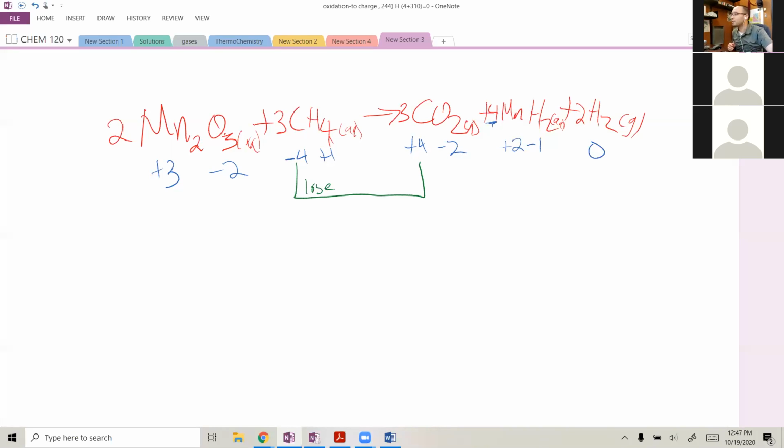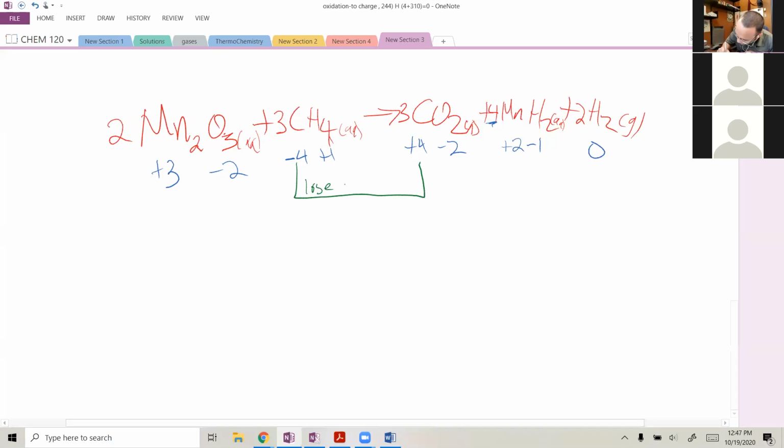4. What do you guys think? Is it just 4? Because each electron is a -1 charge. And if we go from -4 to +4, is that a change of only 4 electrons? Oh, it's 8. It's 8, right? We need 4 electrons to get us to 0 and another 4 to get us to +4.